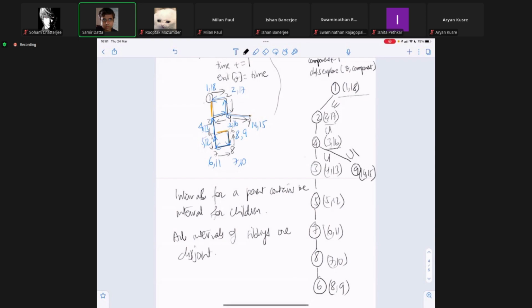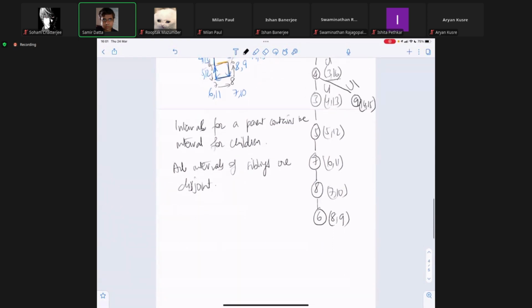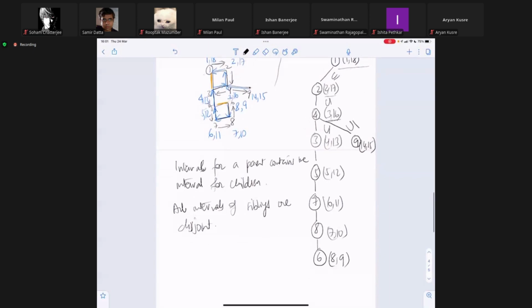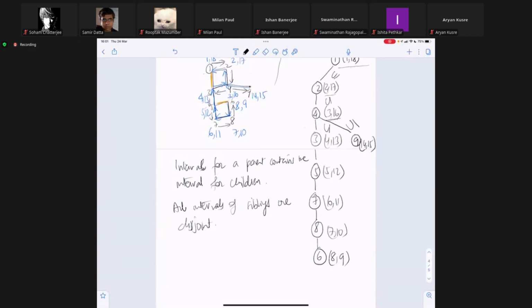No, I don't understand how we're going from 3 directly to 9. When we backtrack, we reach 3, and then after that, we go directly to 9. No, we go to 4. Shouldn't 4? Oh, okay, right.